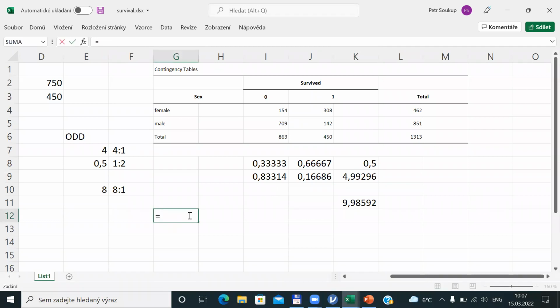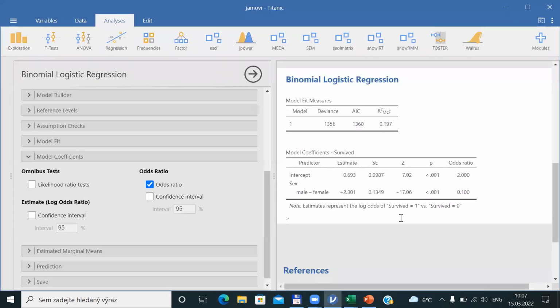So I would compute the exponentiated value, exp minus 2.3, and it is 0.1 and some more digits, as it is not exactly minus 2.3 but minus 2.301 and maybe some more digits later. So here it is. So it means automated exponentiation and odds ratio.